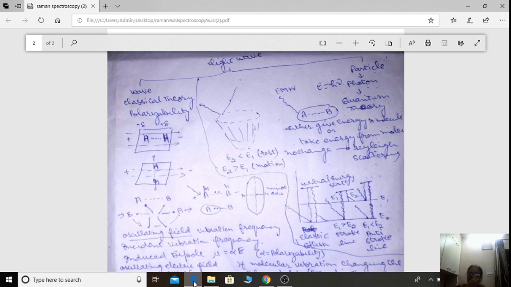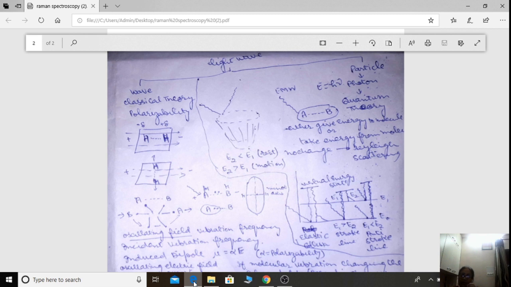Now, in the quantum theory, we see that there is a molecule AB. The electromagnetic waves strike the molecule. They either give energy to the molecule or take energy from the molecule. That means if they give energy to the molecule, the energy of the scattered radiation decreases and the energy of the molecule increases.